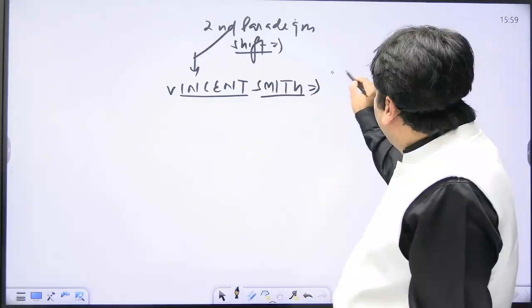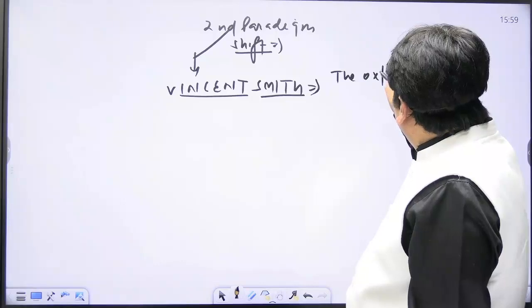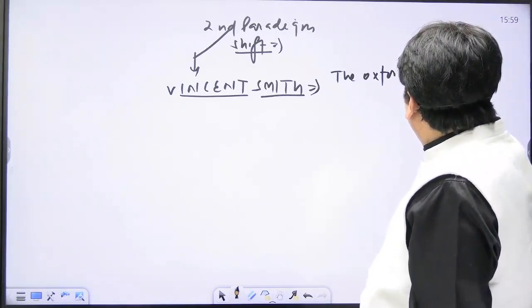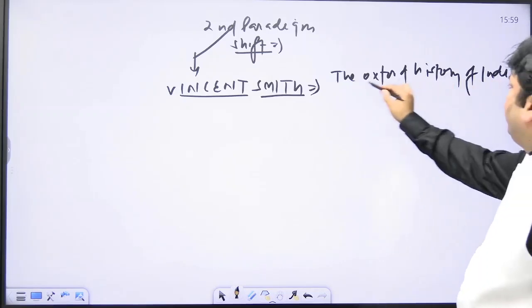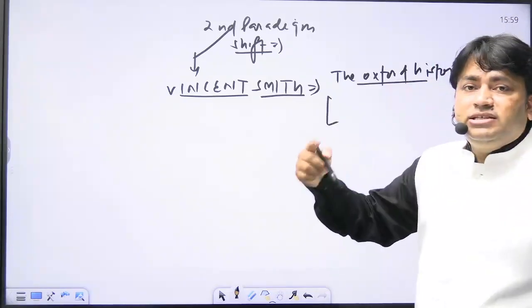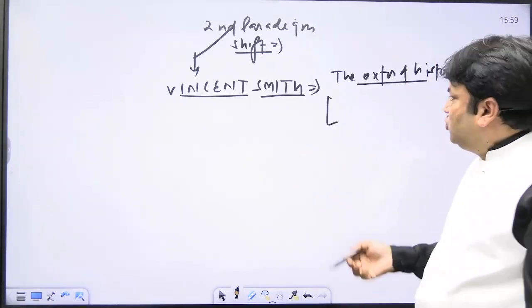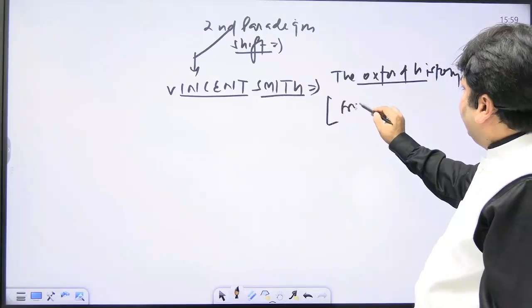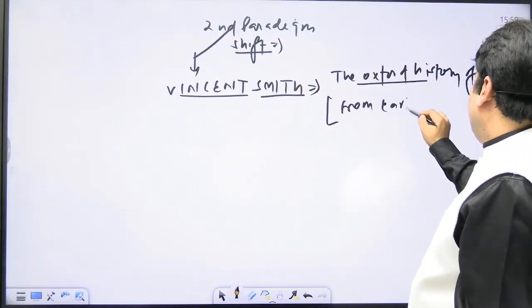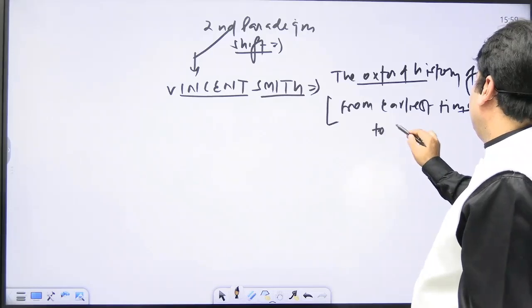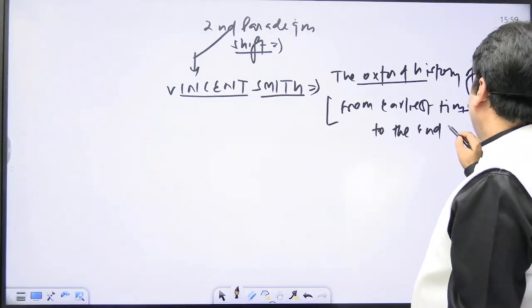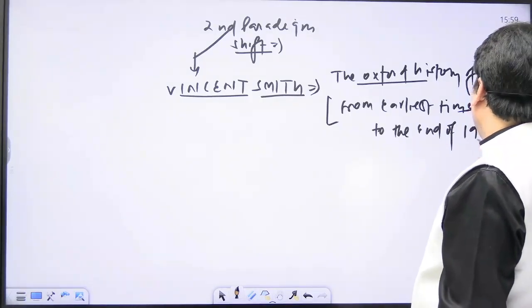The name of that book was the Oxford History of India, from the earliest times to the end of 1911.